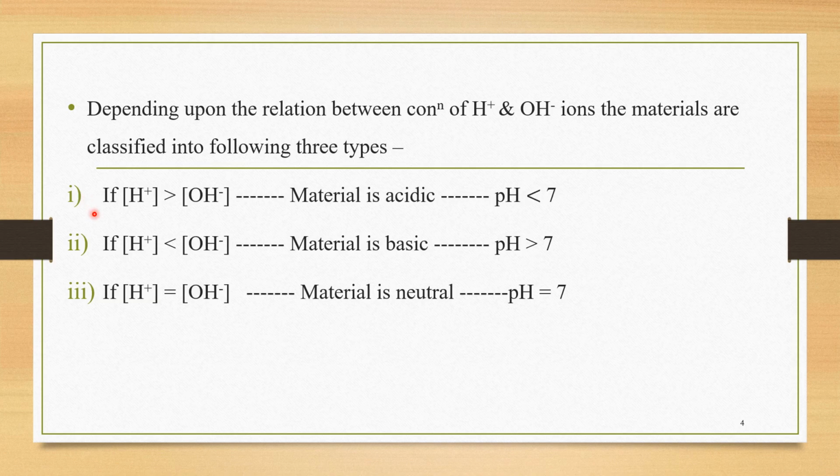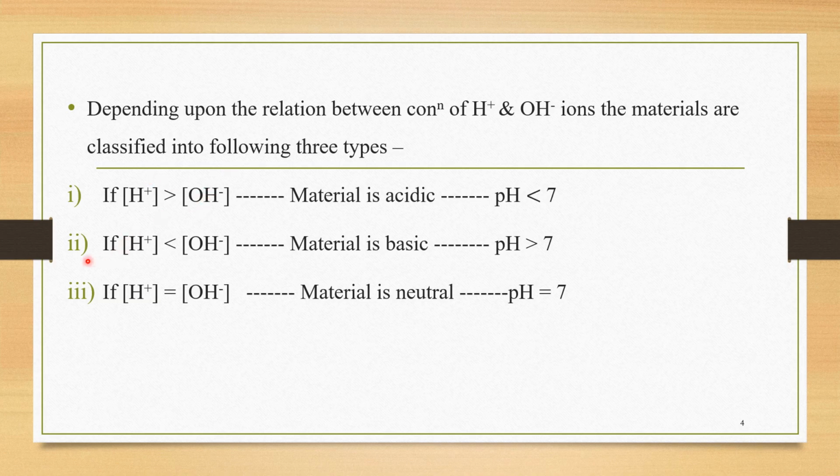The first one: if the concentration of H plus ion is greater than the concentration of OH minus ion, then that material is acidic in nature, and in that condition the pH value must be less than 7. So if the pH is less than 7, that material must be acidic in nature, and at that time the H plus ion concentration is always higher than the OH minus ion concentration.